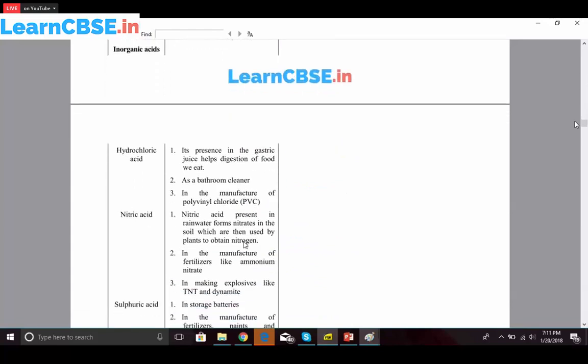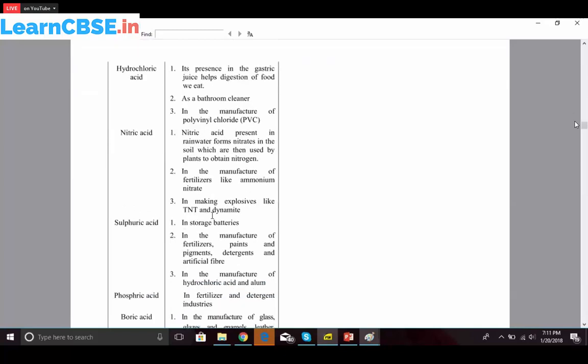Inorganic acids, the first one is HCl. It is present in the gastric juice, which helps the digestion of the food whatever we are eating. It is also used as a bathroom cleaner, and one of the important uses is the manufacture of polyvinyl chloride, PVC.